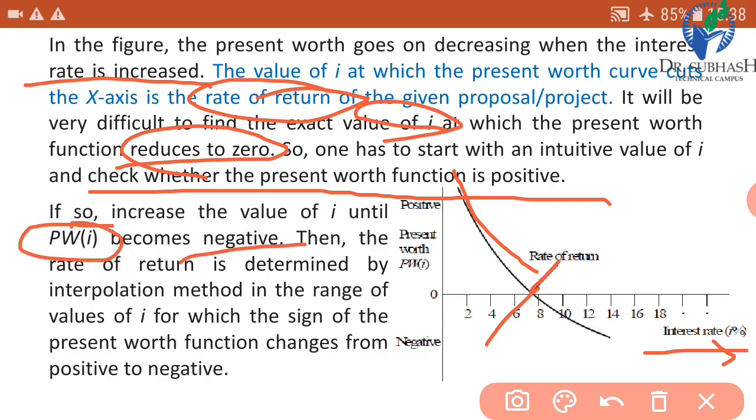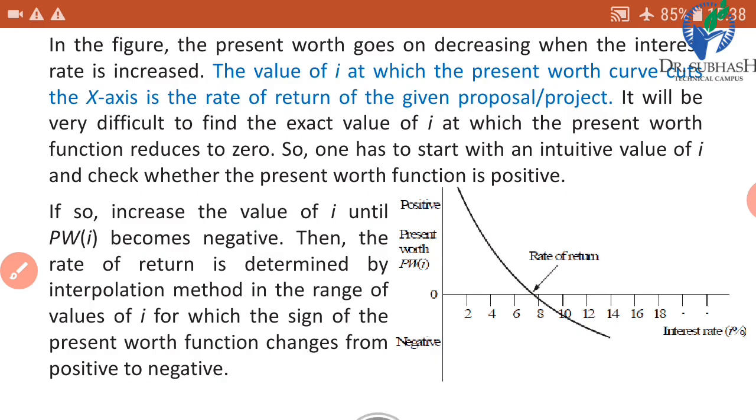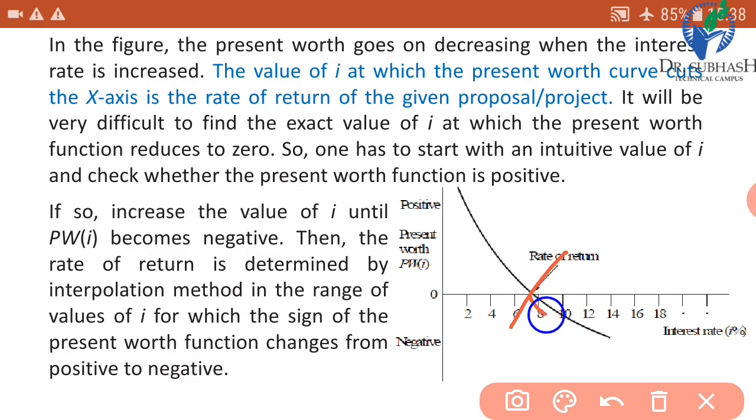Then the rate of return is determined by the interpolation method in the range of values of i for which the sign of the present worth function changes from positive to negative. In this figure we can see above the x-axis the present worth is positive, and after the rate of return the present worth goes negative.